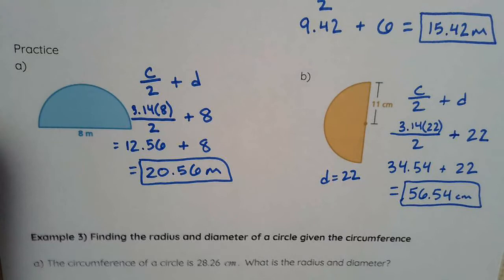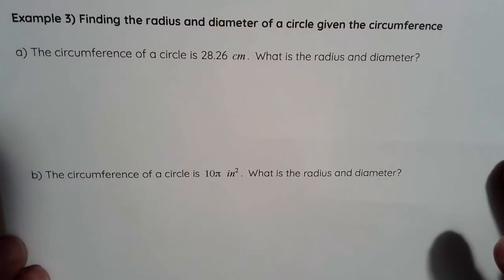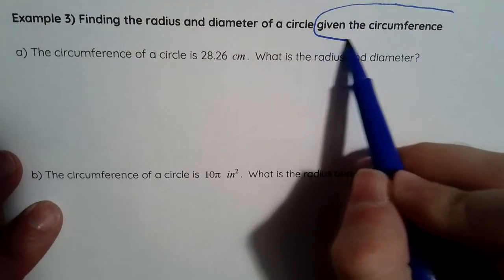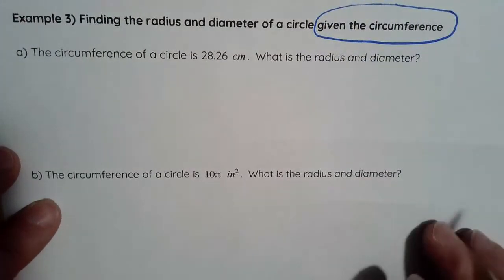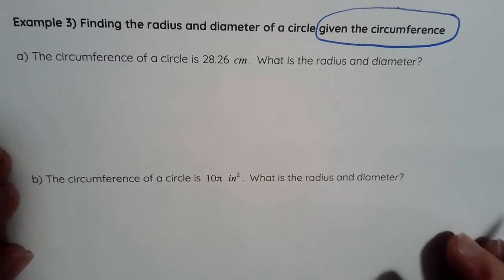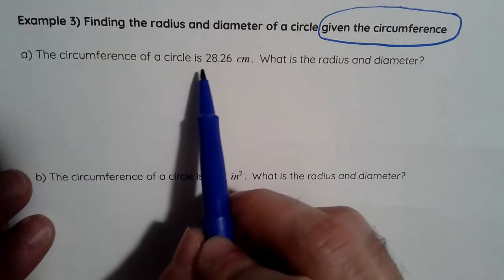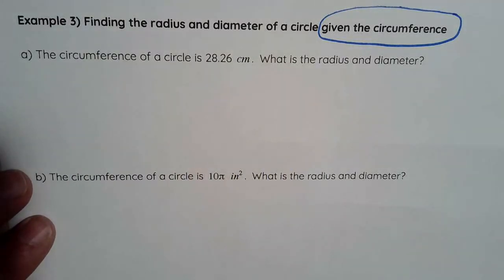All right, let's look at the last piece, example 3, finding the radius and diameter of a circle given the circumference. I know the circumference, and I want to find the radius and diameter of the circle that would give me that circumference. The circumference of a circle is 28.26 centimeters. What is the radius and the diameter?